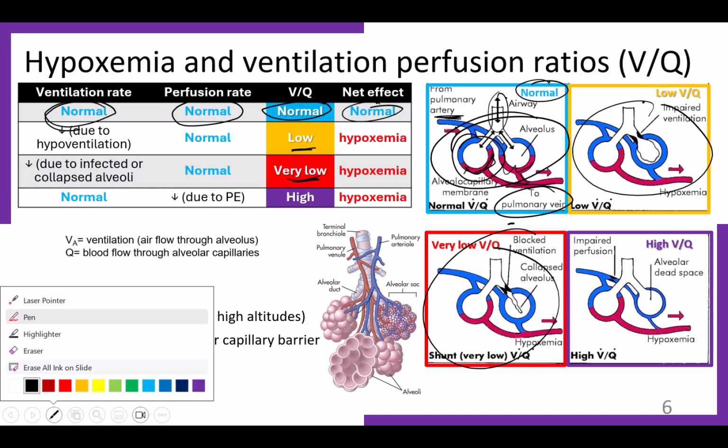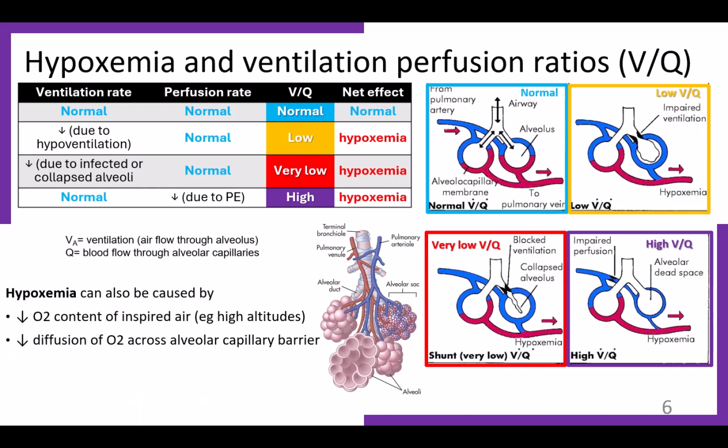In these situations, the amount of air going into the lungs and into the alveoli is lower than normal. So over here, there's some sort of blockage in the alveolar duct, and so there's less air going into the alveoli, right? This is in comparison to the normal alveoli over here.